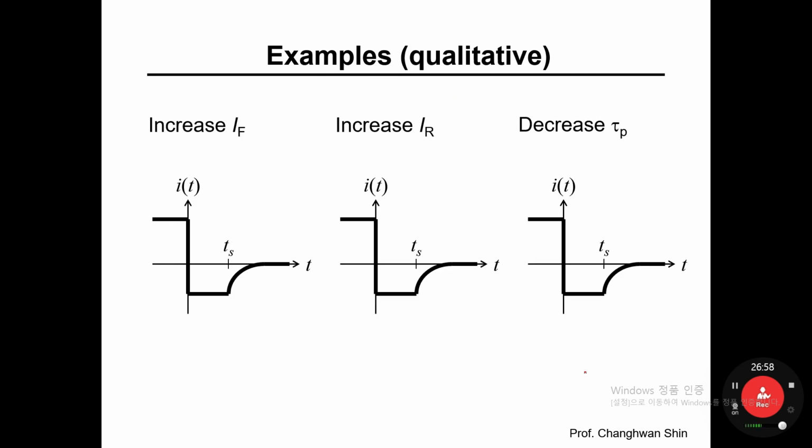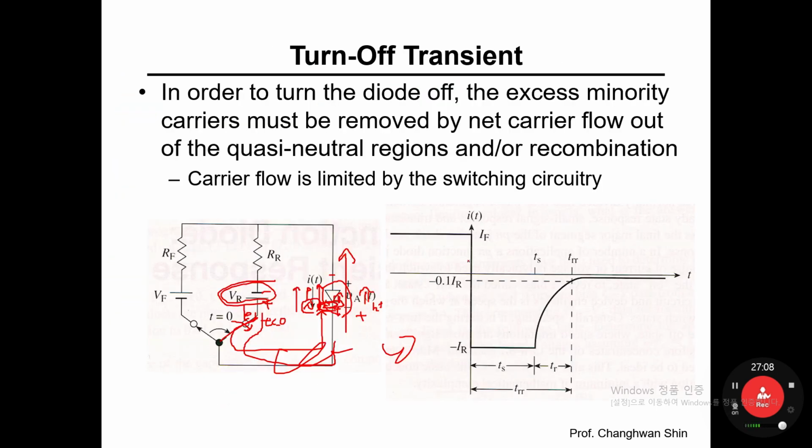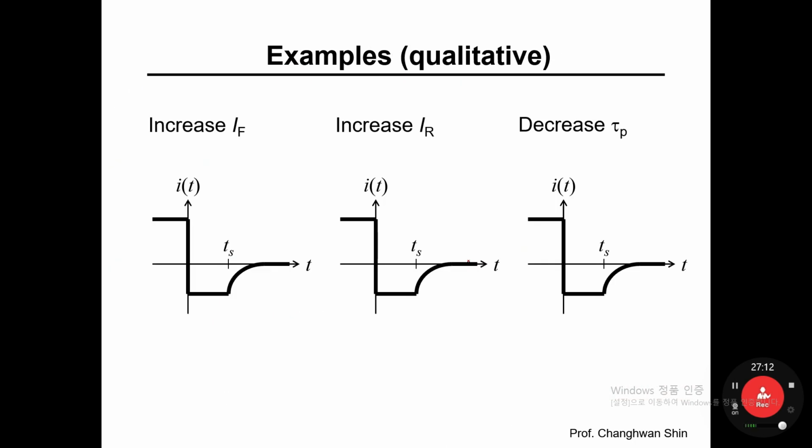Here is an example that I have taken from the example problem set in your textbook. Qualitatively, we may understand it. Go back to this switching circuitry and remember it, and let's use it for solving these problems. What if we are increasing the forward current, IF?